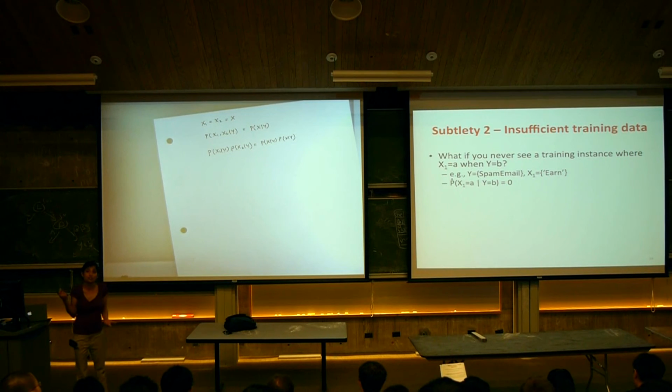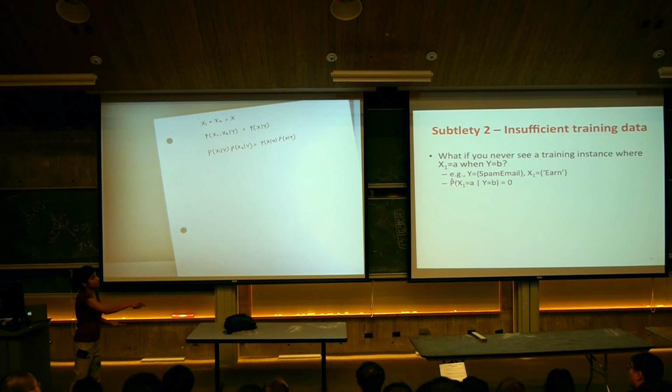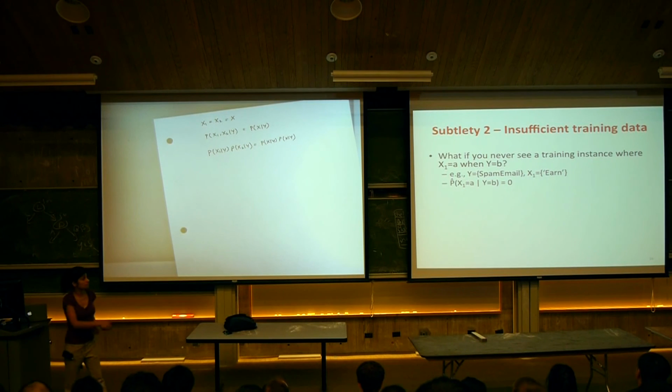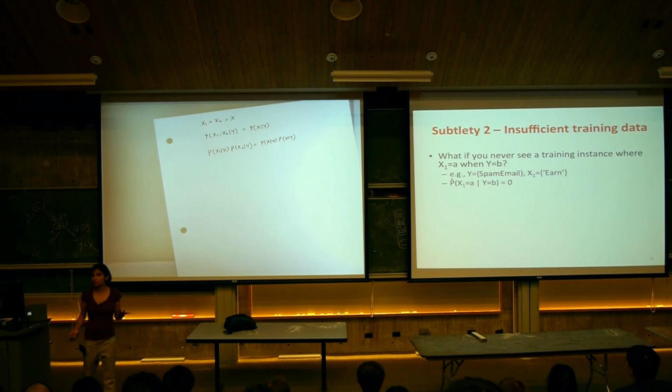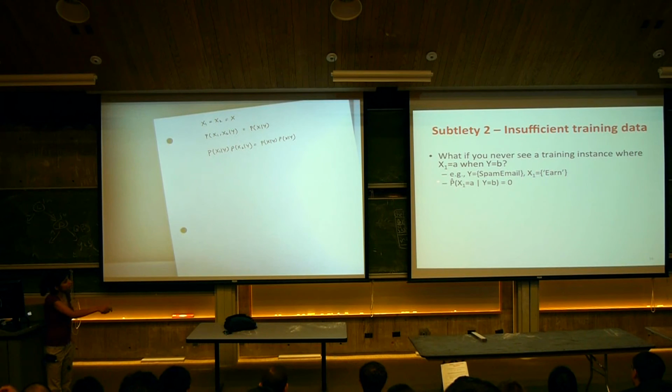It seems like a good feature to use, but the training data may not have it. Then what happens to our estimated probability that your feature x1, earn, appears? The estimated probability is just going to be 0 because you're just counting how many times a feature appeared with a particular class, and plugging in those counts as your estimates of the probabilities. So your p hat of x1 is going to be 0.